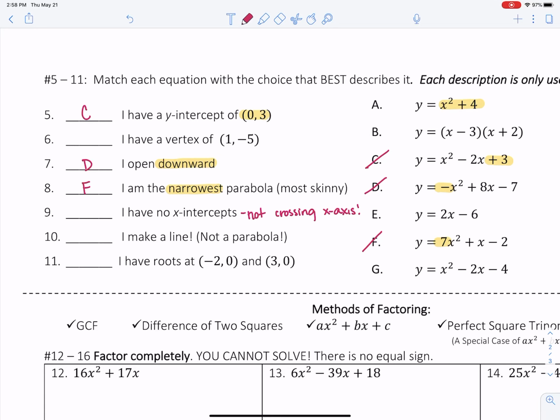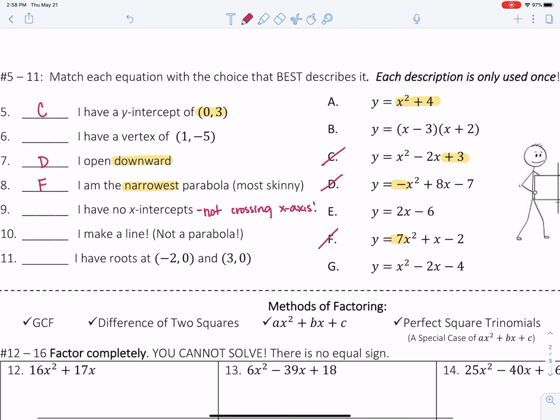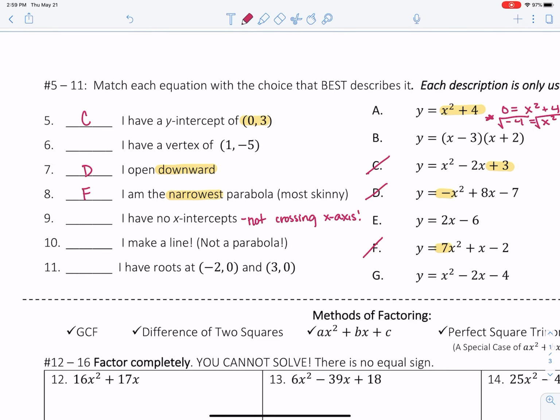So if I tried to solve it, I'm going to set it equal to 0. If we subtract 4 on each side, this is going to leave me with that negative inside the radical, meaning no solutions. So A is 9.